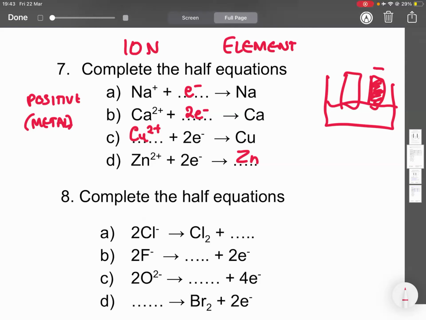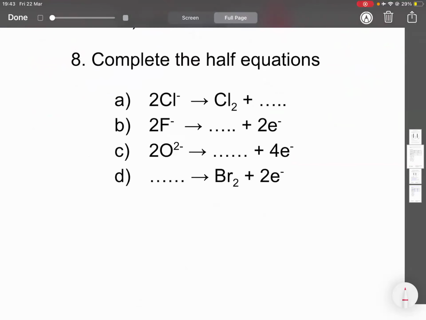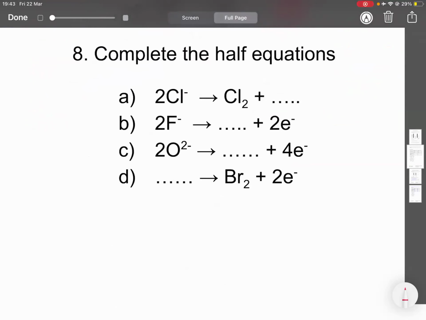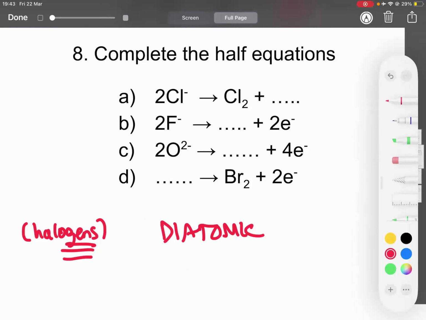Now, if it's a negative, so the thing that was bonded with the metal, it's a bit more complicated. You have to remember what's diatomic. Anything in group 7, called the halogens, is diatomic, and anything ending in GEN is diatomic, like oxygen, nitrogen, hydrogen.